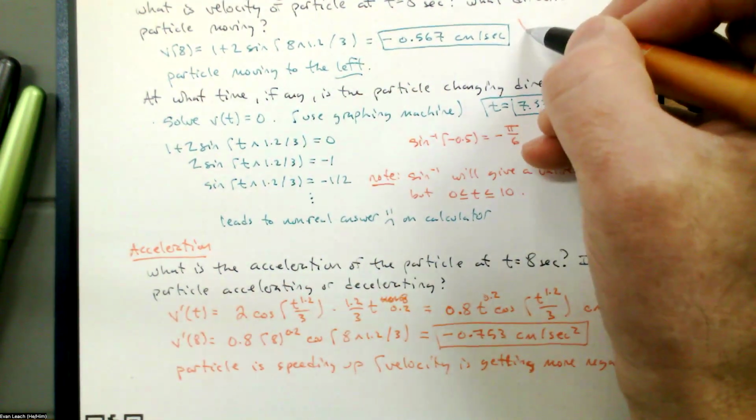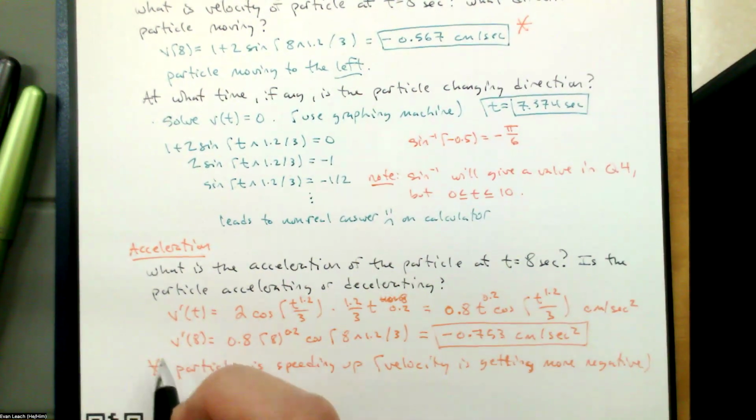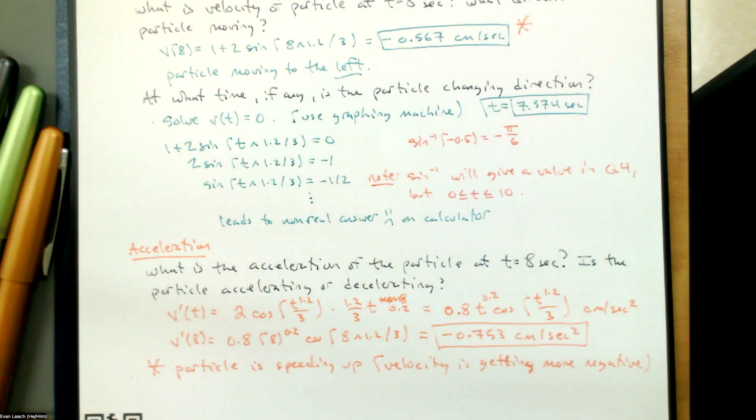So recall that at 8 seconds, the velocity is negative, and the acceleration of the particle is also negative. So it's going from negative 0.6 centimeters per second, and it's going to decrease by another 0.7 centimeters in the next second. It's going to be more negative.